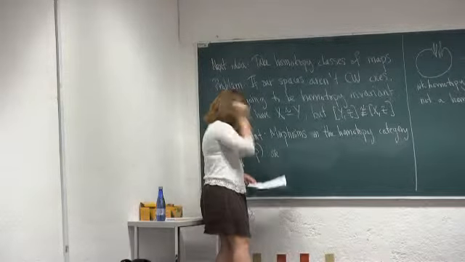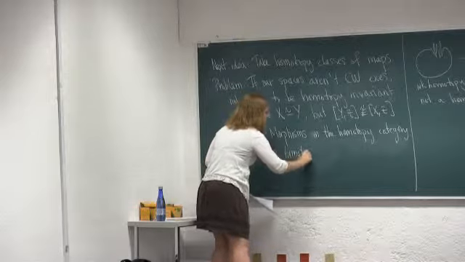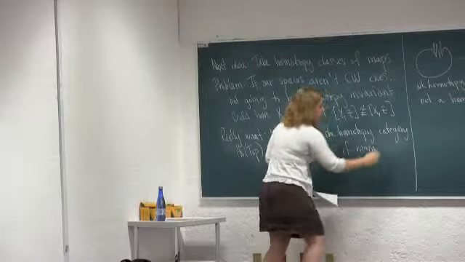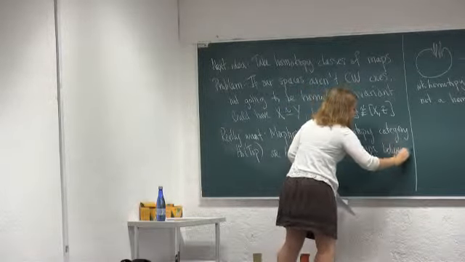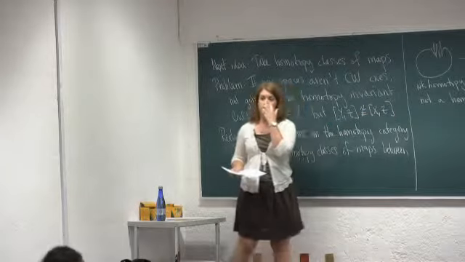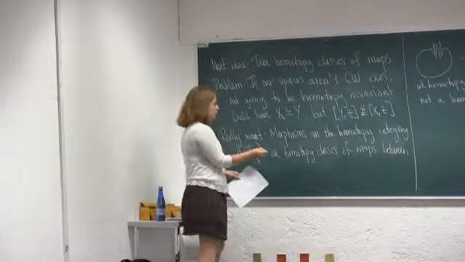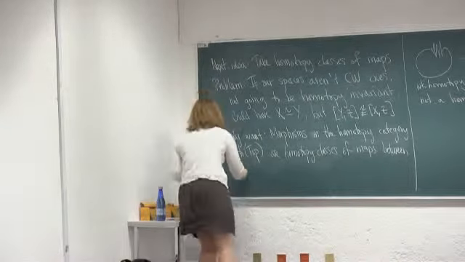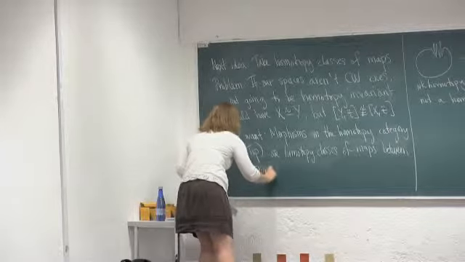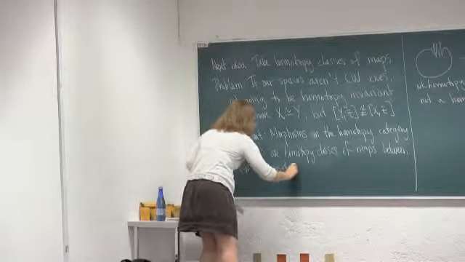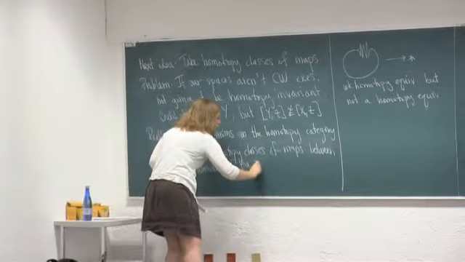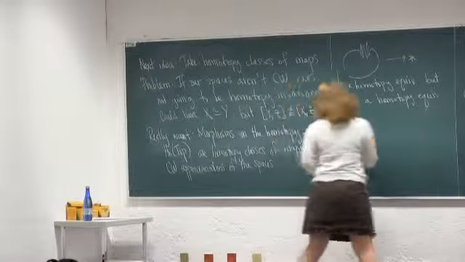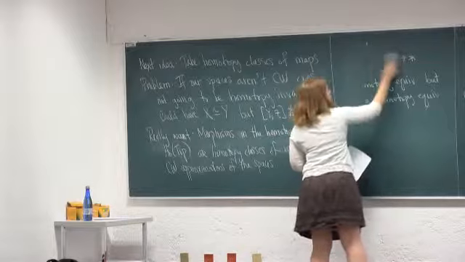Are homotopy classes of maps, and now I'm going to hit everything with the CW Approximation Theorem and say, well, these aren't homotopy classes of maps between the spaces, but between CW approximations of the spaces. And now, homotopy is going to be well behaved.